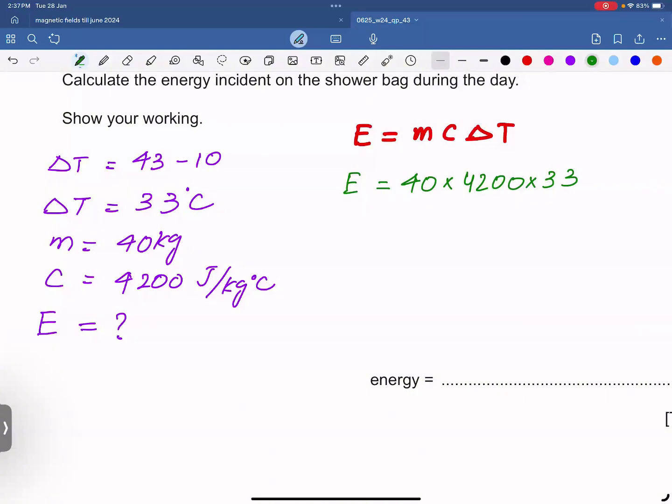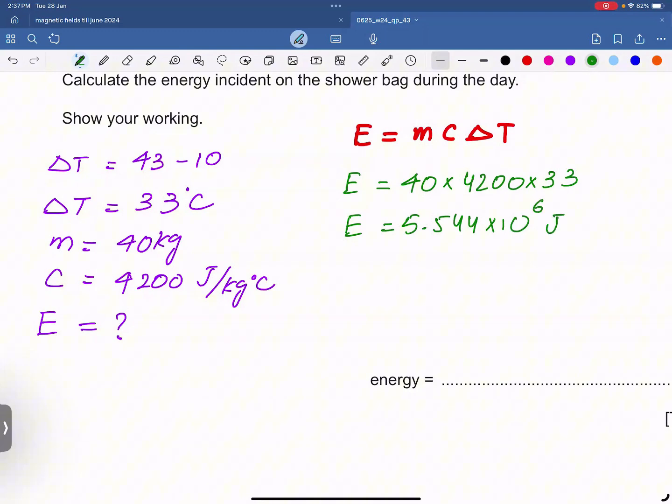This is the energy which is absorbed by water. So 40, 4,200, 33. This comes to, in standard form, 5.544 times 10 power 6 joules.